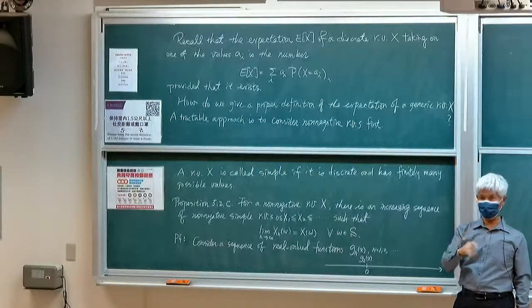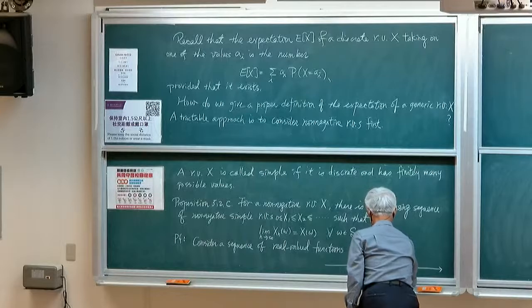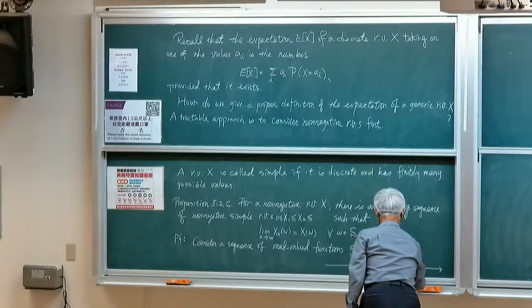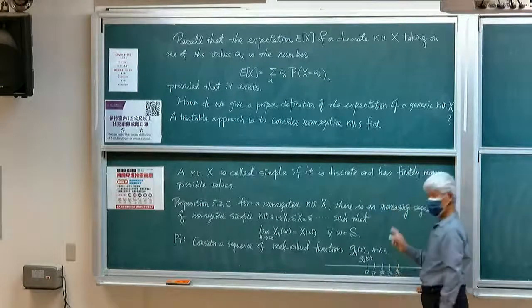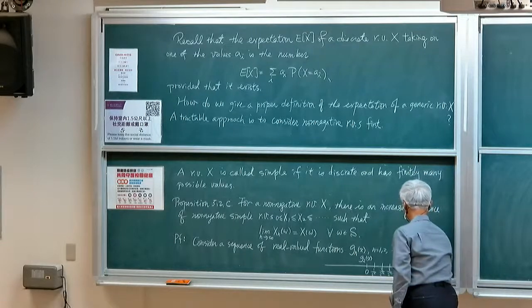So this is 1 over 2^2, 2 over 2^2, 3 over 2^2, 4 over 2^2, and 4 over 2^2 is equal to 1, of course, right?